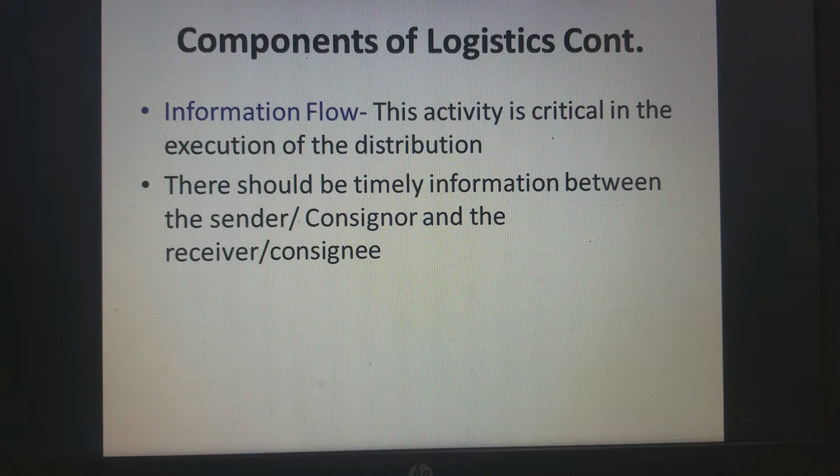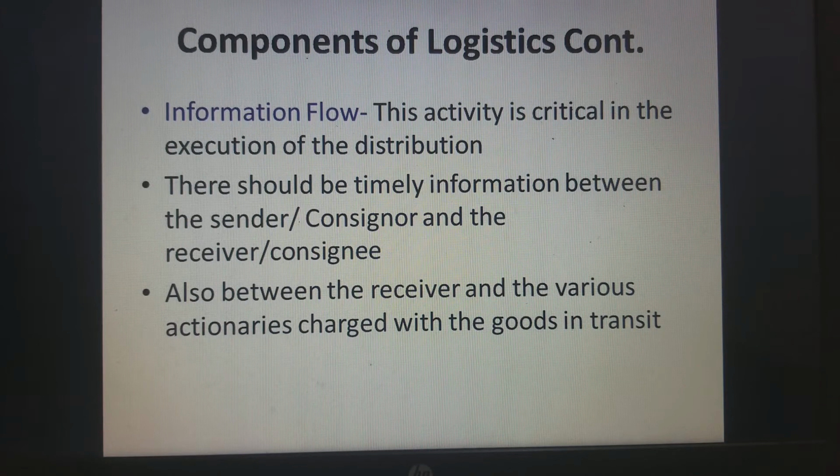There should be timely information between the sender or the consignor and the receiver or the consignee. Also between the receiver and the various actors charged with the goods in transit.